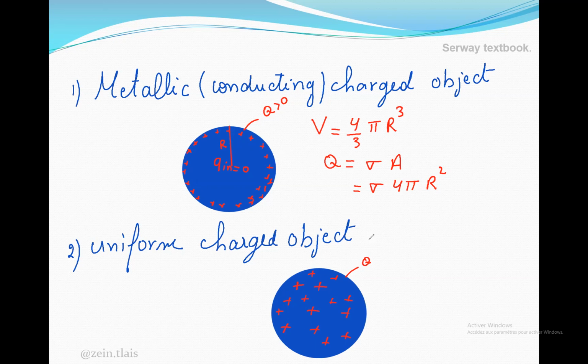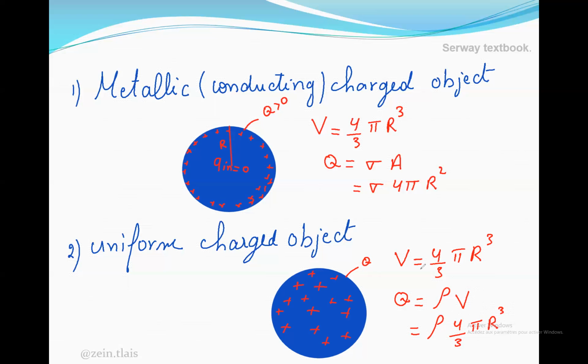So the total volume of this object equals 4 over 3 pi r cubed, but Q, in this case, you have a volume charge distribution, Q equals rho times V, equals rho 4 over 3 pi r cubed.